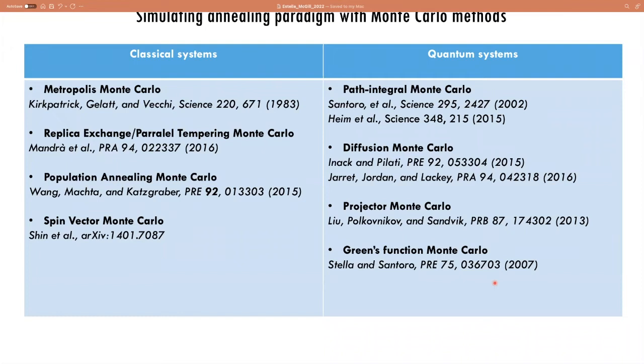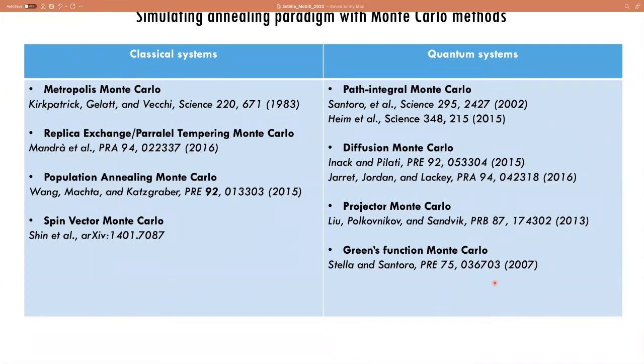The point I want to make with this slide is that these methods were initiated to study the properties of classical systems at thermal equilibrium, or quantum systems. They were not used for quantum annealing, but they were repurposed in order to solve optimization problems.